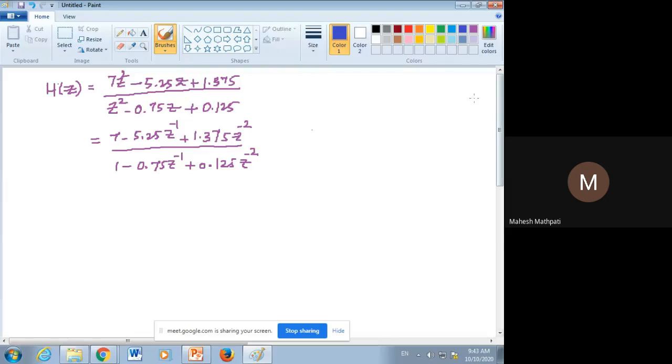Direct form 1 we have already done. Now we are drawing the block diagram for direct form 2. For that we require a total of two delay elements.